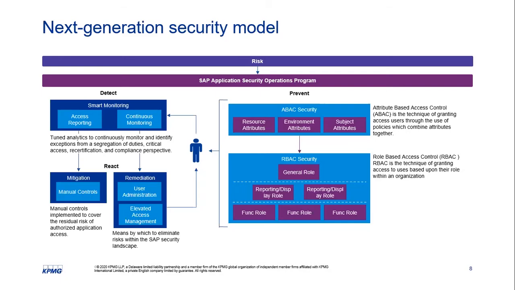Here it is really tuned analytics to monitor segregation of duties, policy access and usage, and access to sensitive data or critical functionality. And we see here the introduction of continuous monitoring, which generates exception-based alerts. So it's a more streamlined approach that notifies management of potential access risks.